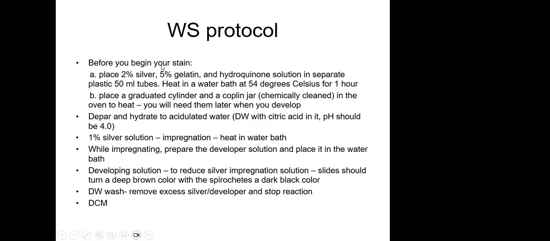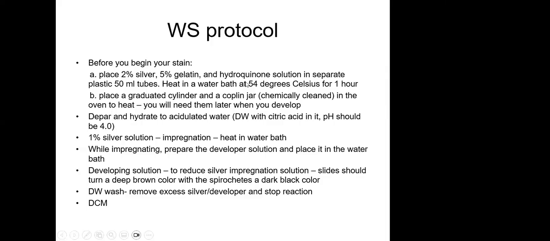All right, so the Warthin Starry. Before you even begin, you need to have a 2% silver and a 5% gelatin and a hydroquinone solution in separate plastic tubes, or in Copeland jars, okay? And sink them into the water bath and heat them up for 1 hour, until they're like 54 degrees.